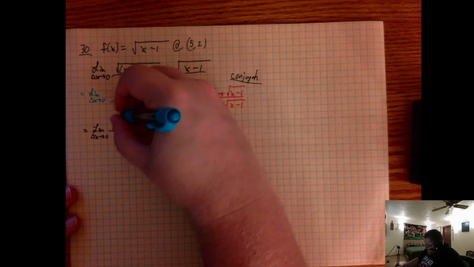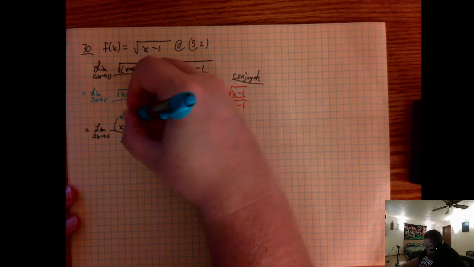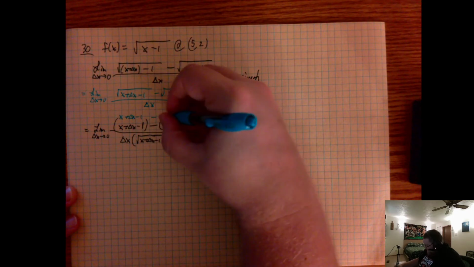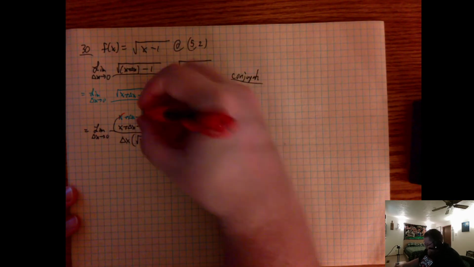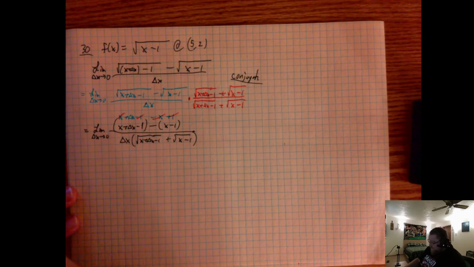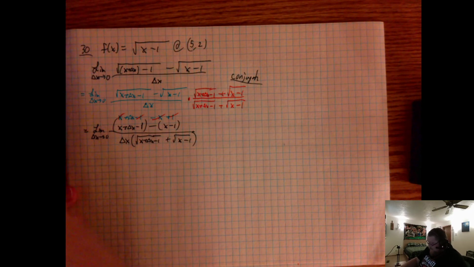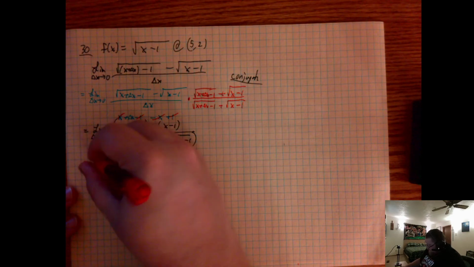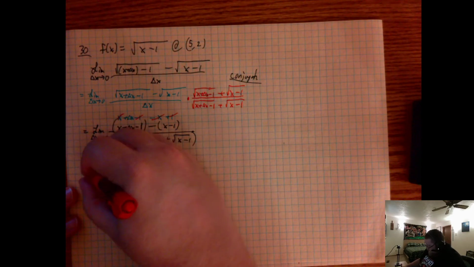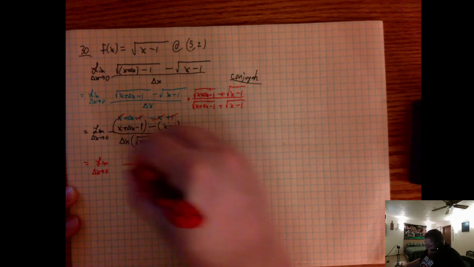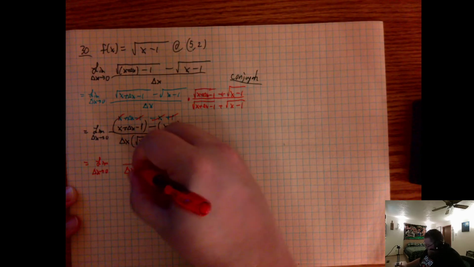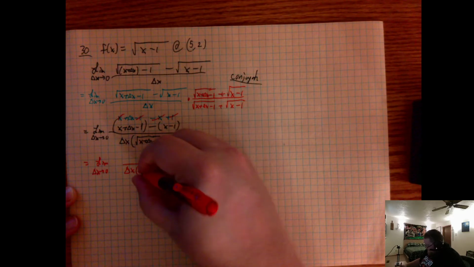This would become x plus delta x minus 1 minus x plus 1, which I can clearly see the x and the negative x are going to cancel, the negative 1 and the positive 1 are going to cancel, leaving on top, all you'll end up with is limit as delta x approaches 0. On top you have just delta x. And on the bottom you have delta x times this nasty parentheses.